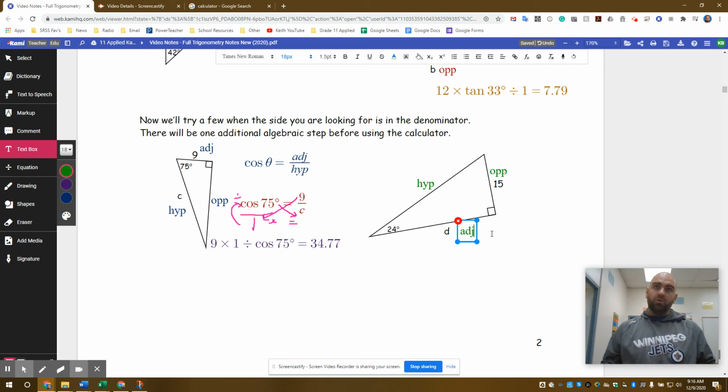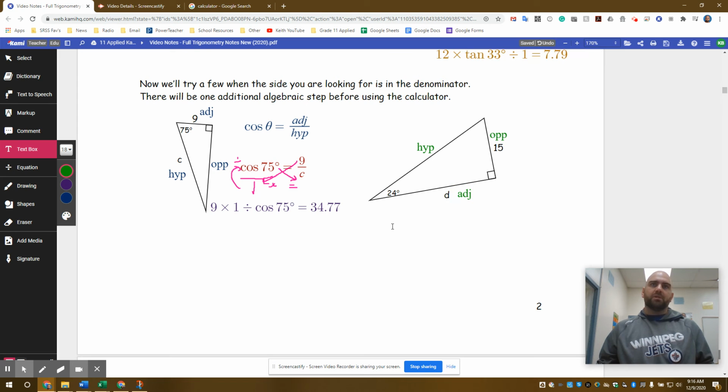All right, so we're going to do this one here really quick. Okay, we have the opposite. We're trying to find the adjacent, and I'm going to do this just a little bit lower here. And let's get a text box. So opposite and adjacent, this is our tan function.